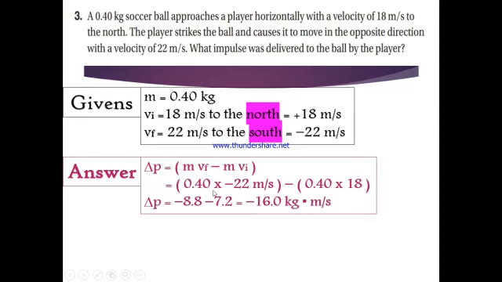So 0.4 times negative 22 meters per second, which is the final velocity, south, means negative sign, minus 0.40 times 18 meters per second with positive sign. So the change in momentum or the impulse here equals negative 16 kilogram meter per second.